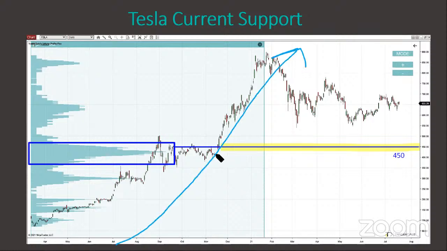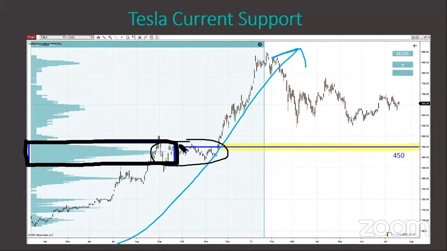And within this uptrend, if you use the profile, it will show you this zone. For me, this is the most important zone on Tesla right now. Massive volumes were traded there in this rotation area before the strong uptrend continued.